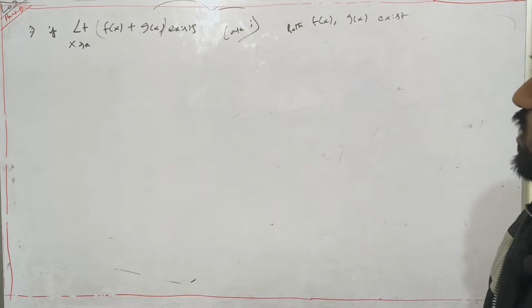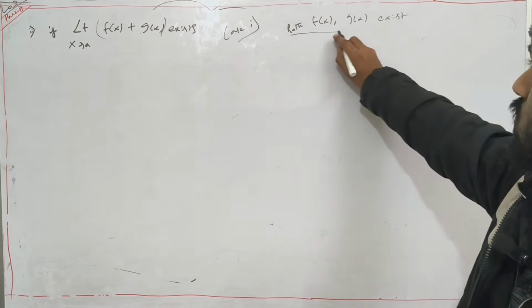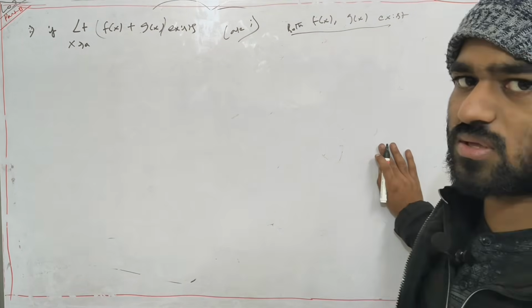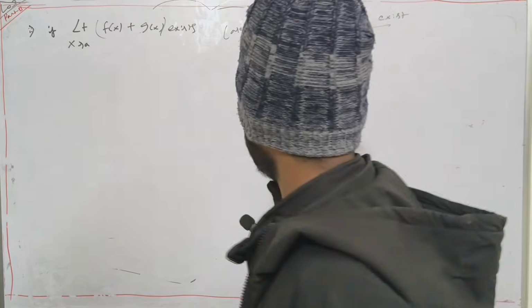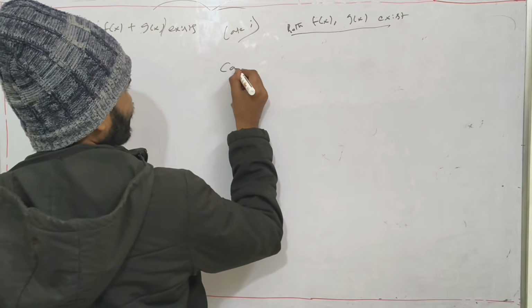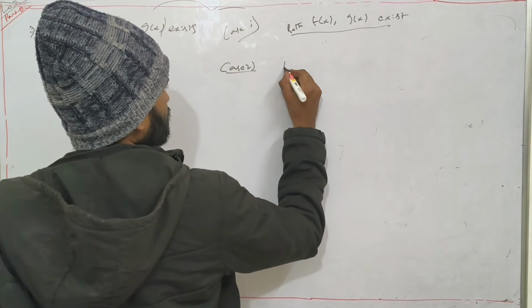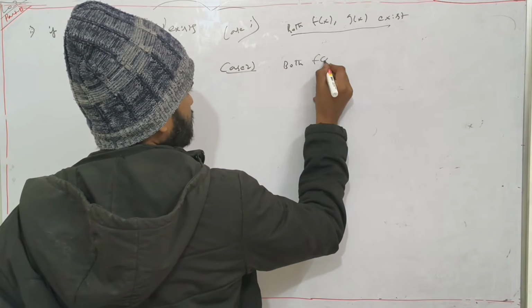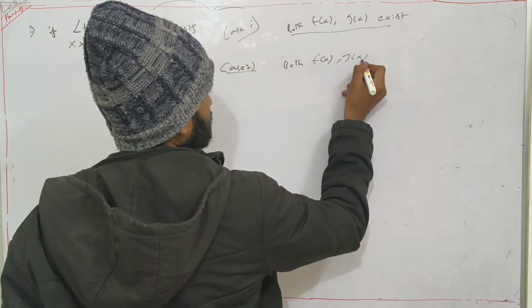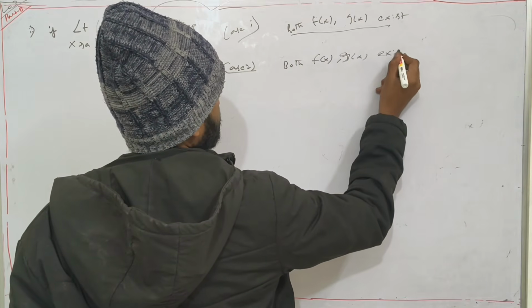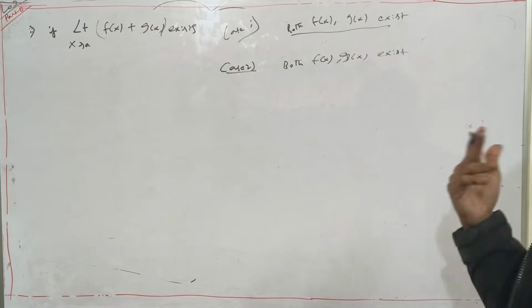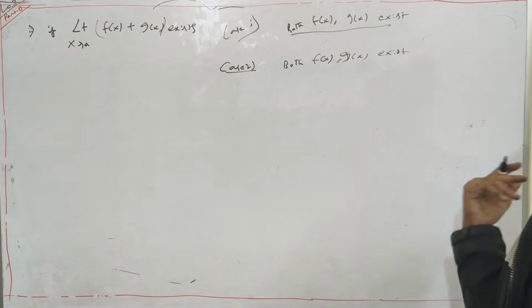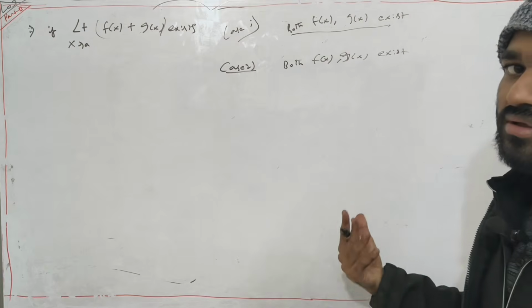Okay, what does it mean? It means that we can have the case where both f of x comma g of x don't exist, but we don't have the case where one of f of x exists and g of x doesn't exist, or g of x exists and f of x doesn't exist.